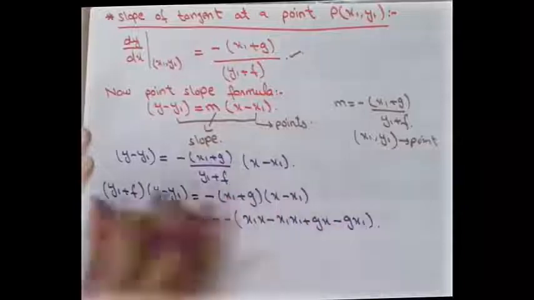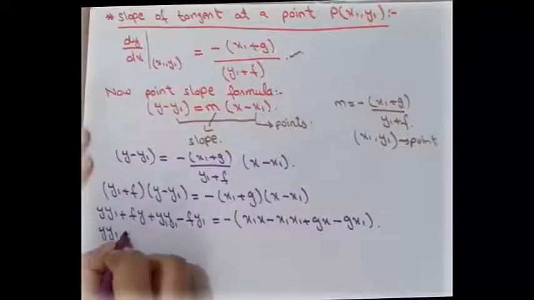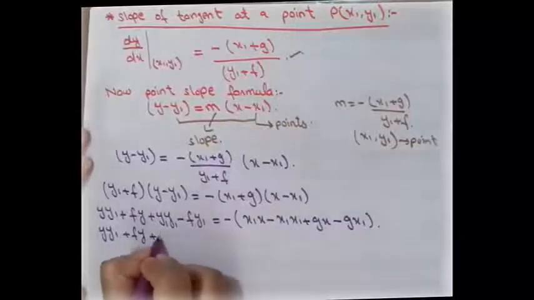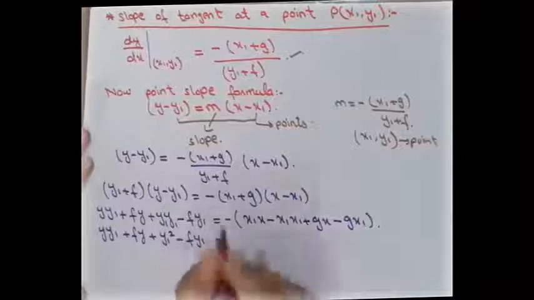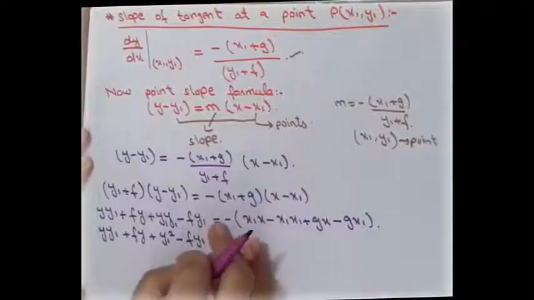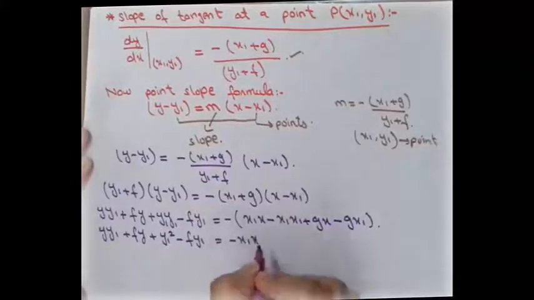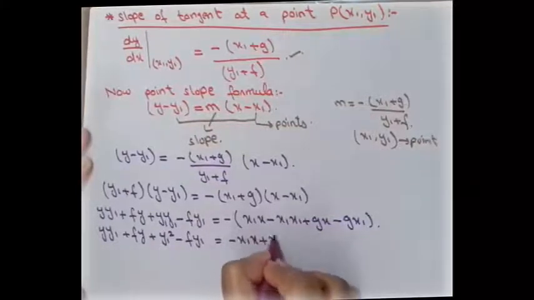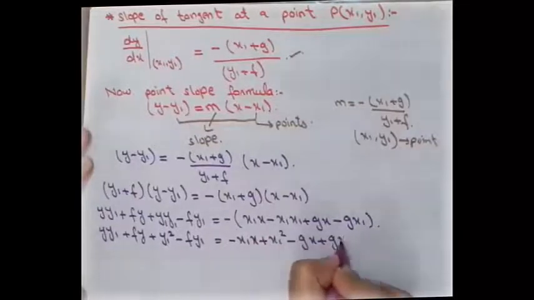We just multiply these two factors here, and we can write it as y y1 plus fy minus y1 square minus fy1, and here we open the minus sign to hold these terms, so it will change their signs, and it will be plus x1 square minus gx plus gx1.